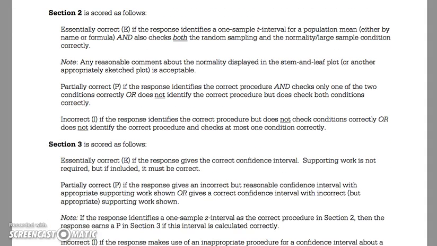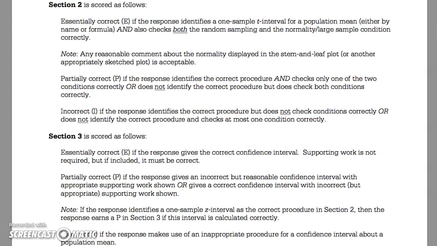Section 2. Essentially correct if the response identifies a one sample t interval for a population mean, either by name or formula, and also checks both the random sample and the normality or large sample condition correctly. Note, any reasonable comment about the normality displayed in the stem and leaf plot or another appropriately sketched plot is acceptable.